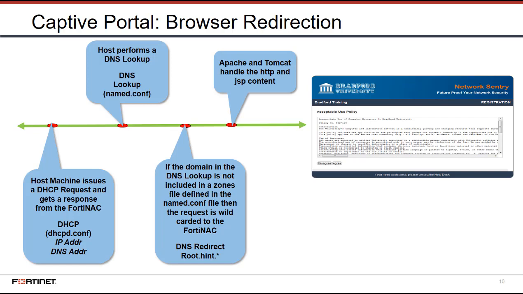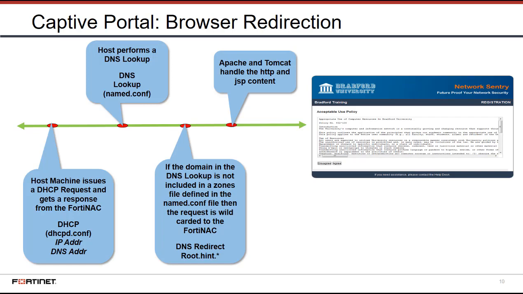Then when the host attempts to go to a website, for example, and does a DNS lookup for that website, the Fortinet will be the one that responds to that, and it's going to use a root hint file. In the case of registration, it would be called root.hint.reg.